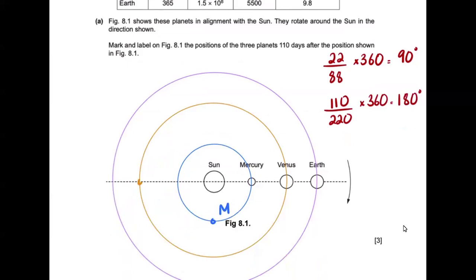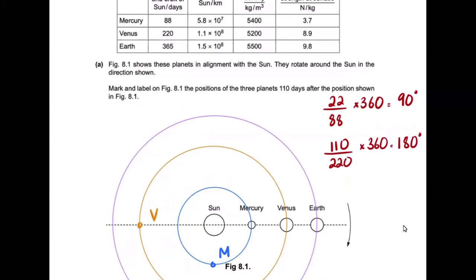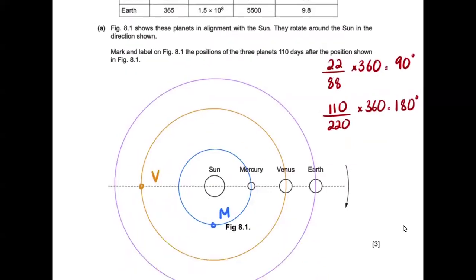This is for Venus. Then for Earth, 365 days is the time for Earth. So 110 days after, we can again just use proportion to see how much angle it would have gone through. So 110 over 365 times 360. Let's work this out.